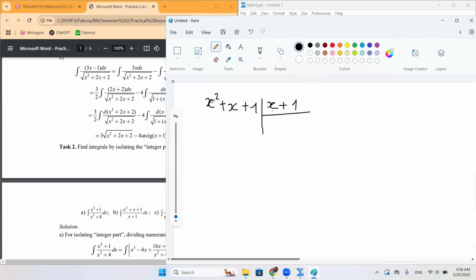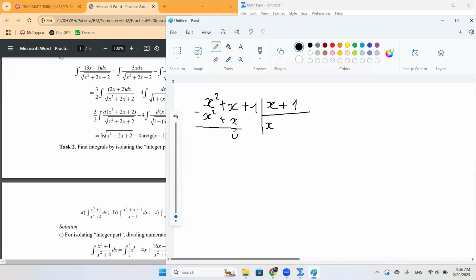So we firstly look at the greatest degree of the numerator. So here x, and we multiply it. So multiply by x, square plus x.